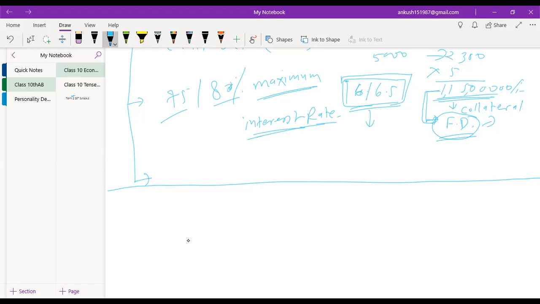Understood? For that reason also, the cooperative bank lets other people be a part of it or be a customer of it, and they provide them loans at some reasonable rate of interest. Understood? Yes, sir.